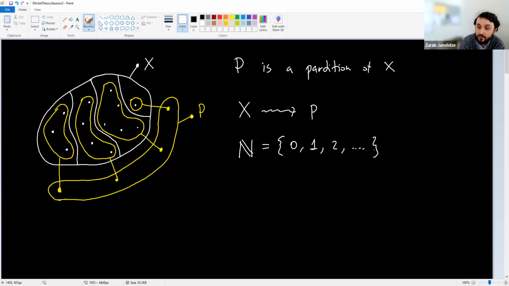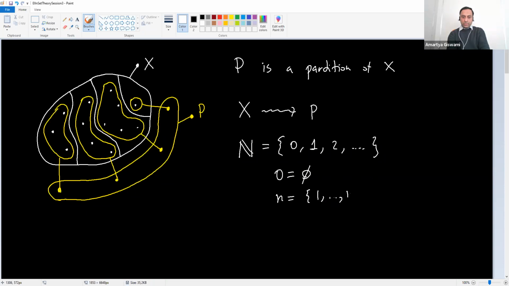And one way of encoding these as sets is, as we discussed earlier, to define 0 to be the empty set. And then every n will be defined in terms of the previous numbers that have already been defined. So it's a recursive definition. Yes. So n can be defined as the set of numbers from 0 to n minus 1.